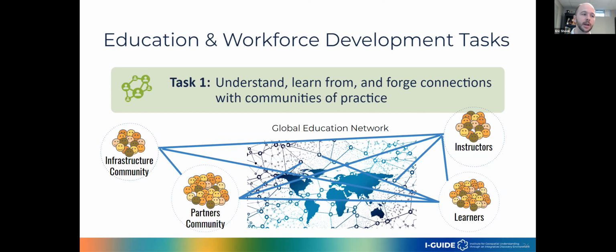We also have, as Shaowen mentioned, a strong partners community out in industry, nonprofit, government, etc., as well as, for lack of a better term, an infrastructure community, the people in the organizations that are providing data services, computational services, cyber infrastructure that really serves as an enabler for us to be able to do this type of science in order for people to learn these sorts of skills and this sort of knowledge.